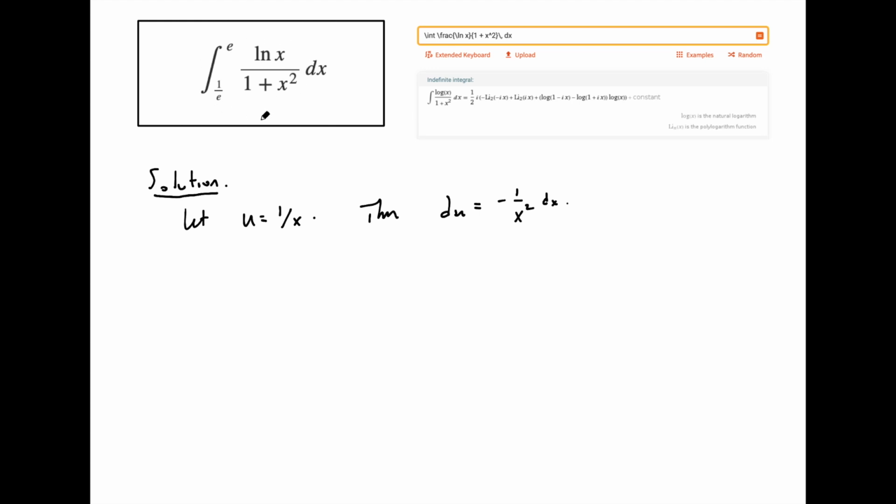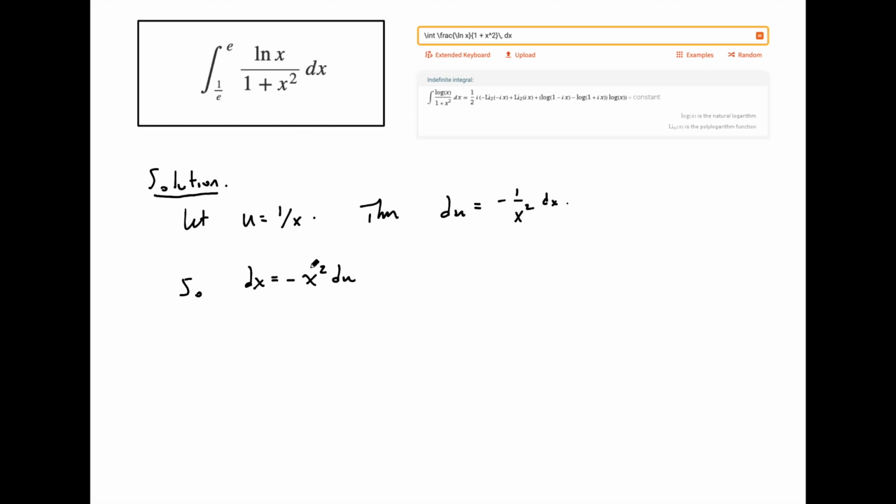And then we'll see what we can do here. The problem is that if I solve for dx, dx is negative x squared du, and I can't really just plug that in here. Nothing cancels out.